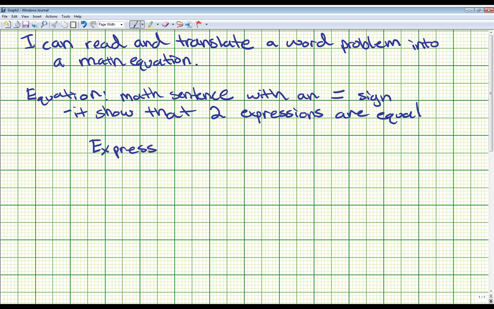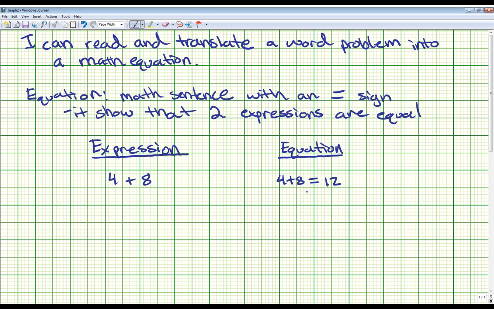So, for example, if we have the expressions that we've been talking about earlier this year, something like 4 plus 8, that would be called an expression. And then how would we make that an equation? Well, we could put the 4 plus 8 and then knock an equal sign on it and then have a 12 on the other side.